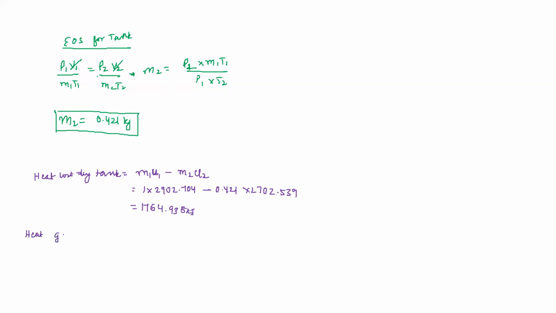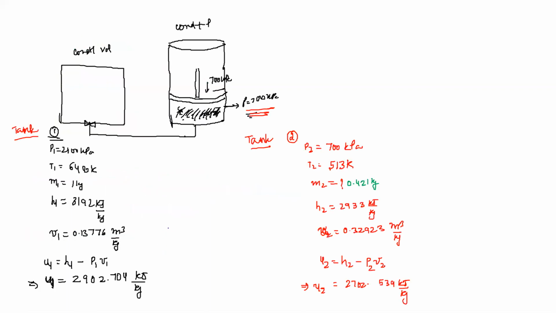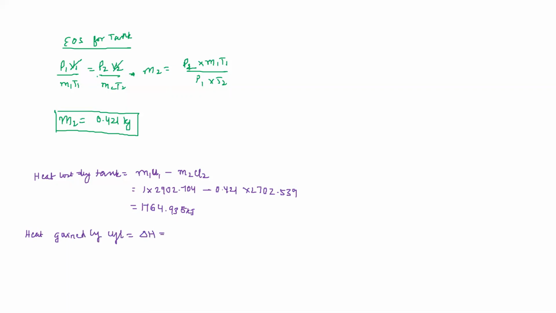So the heat gained by the cylinder is basically the enthalpy change in the cylinder. Initially there was nothing in the cylinder and finally there is steam in the cylinder, so instead of delta H we'll simply call it H, which is 1764.93.